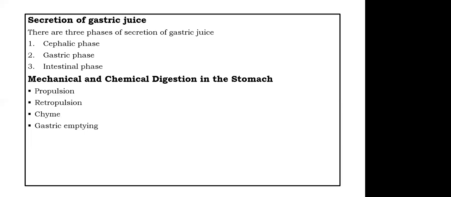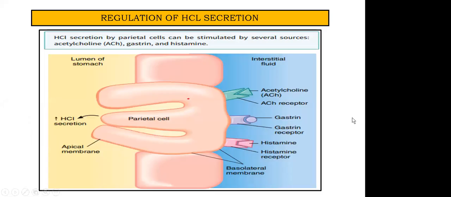Another thing is the HCl secretion by the parietal cells, which can be stimulated by several sources. I'll show it here. You can see here, this HCl secretion by the parietal cells can be stimulated by acetylcholine released by parasympathetic neurons, gastrin secreted by G cells, and histamine, which is a paracrine substance released by mast cells in the lamina propria.